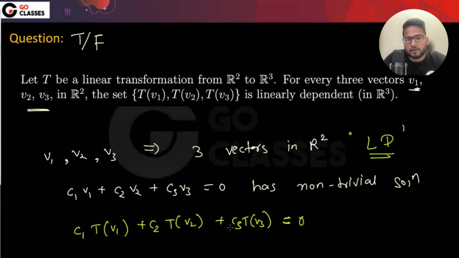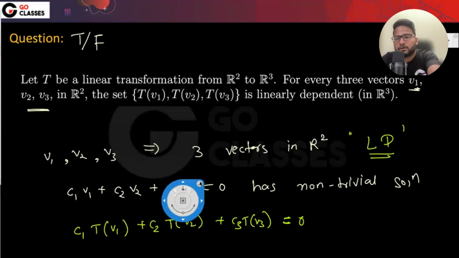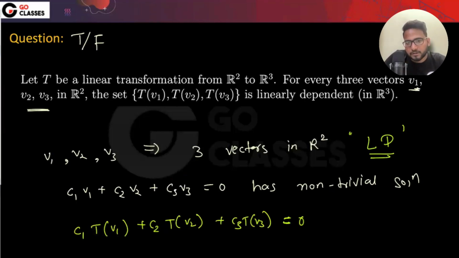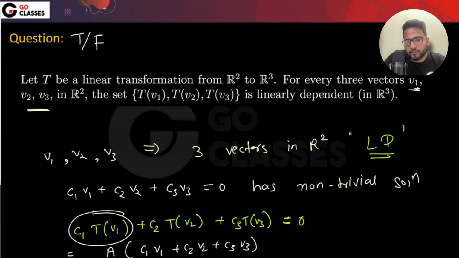Or maybe you can understand with the matrix multiplication. This is nothing but A into C1 V1 plus C2 V2 plus C3 V3. I mean, this is A into V1, this is A into V2, this is A into V3. So you can take A common.